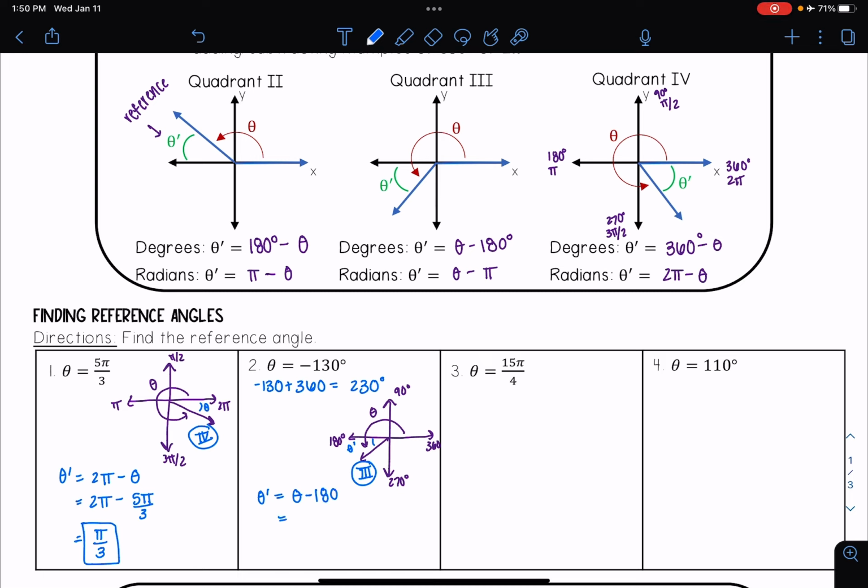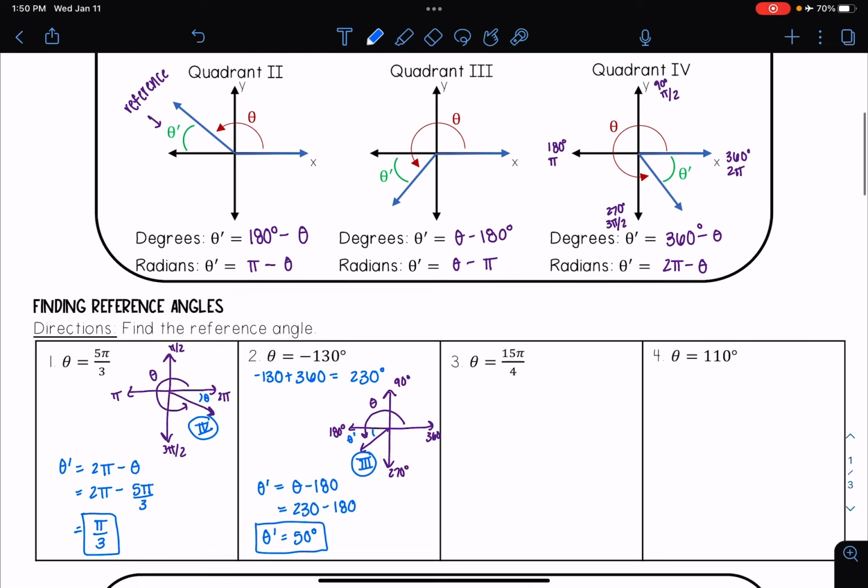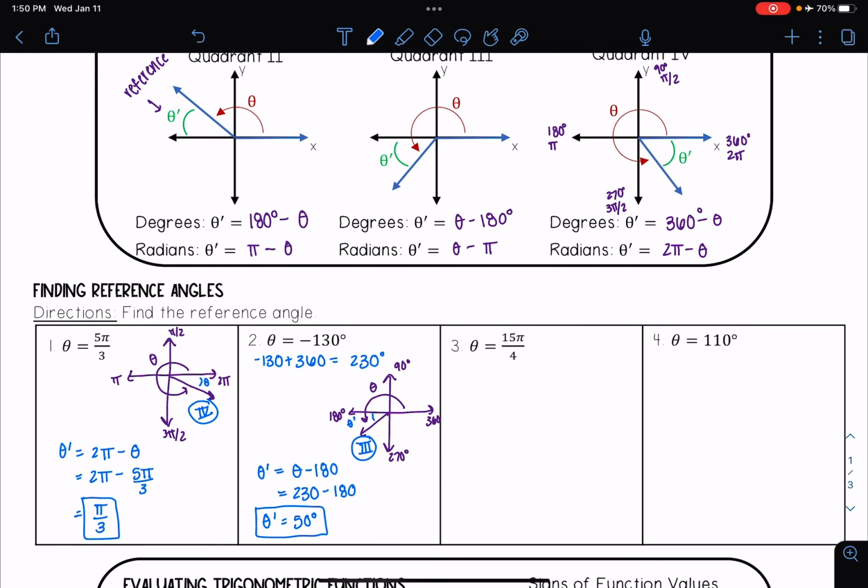My theta here is 230, because I had to change it over to being positive. When I subtract those, I get that theta prime is equal to 50 degrees. The reason I can use a coterminal angle is because, as we learned before, coterminal angles have the same terminal side.